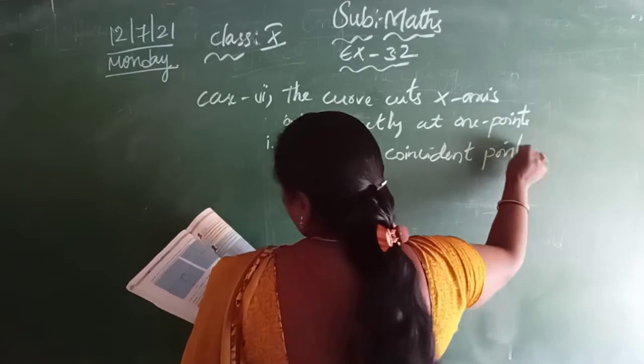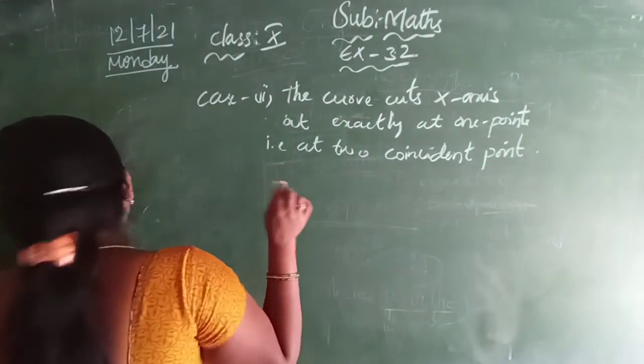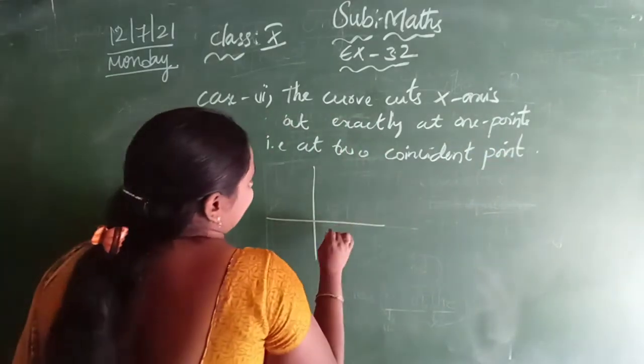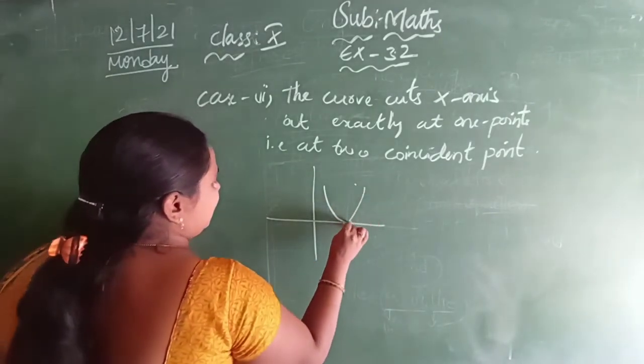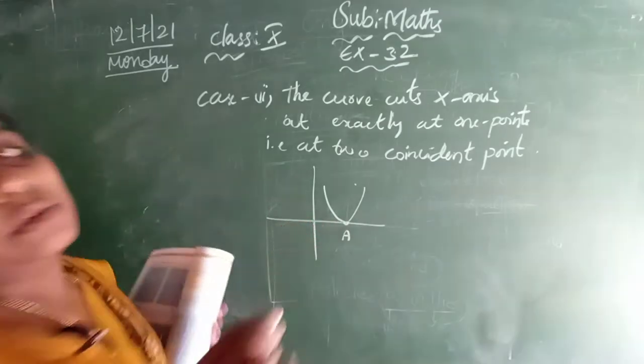So, coincident point. We will tell it has 1 zero. Having only 1 zero means equal zeros, same zeros.